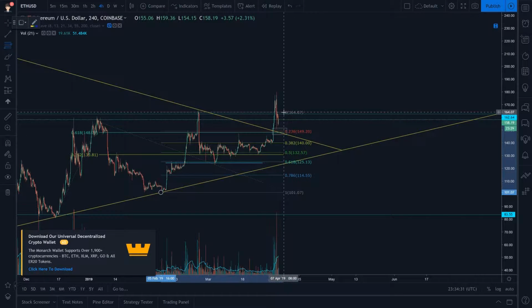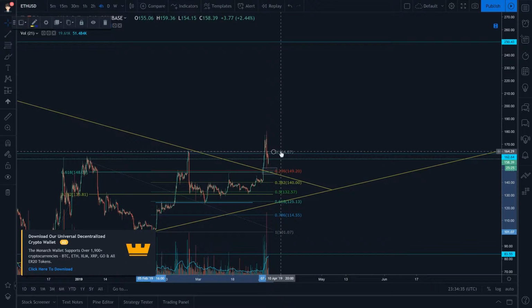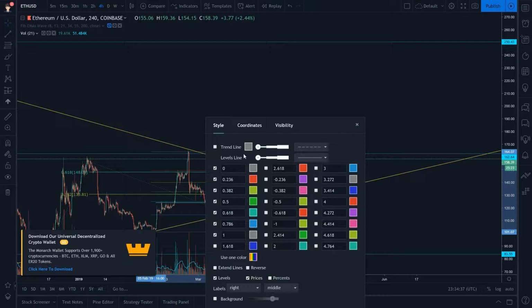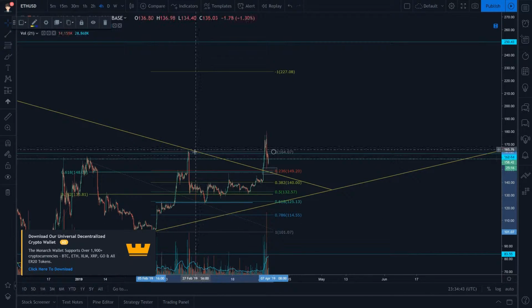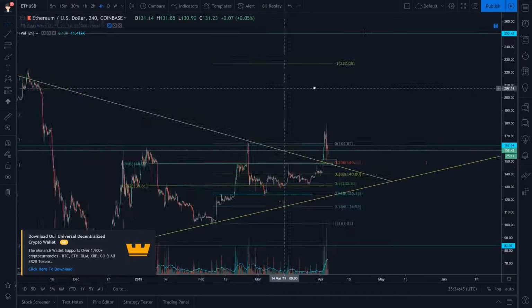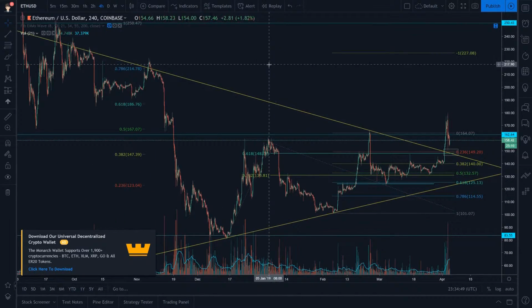And let's take this range here, and let's try to find a 1-to-1 going on the -1. That gives you a 1-to-1 of this move, 227, which is near the top of this range here.